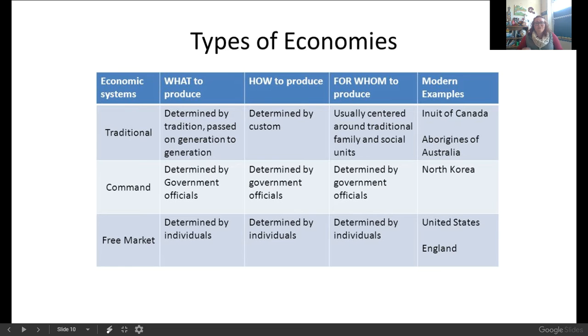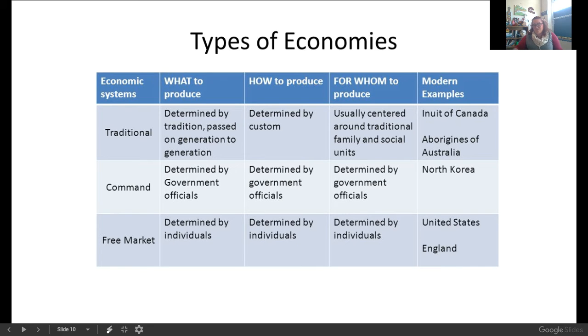Now, there are three different types of economic systems. You have traditional, command, and free market. So traditional is just determined by tradition. It's passed on from generation to generation. How to produce it is determined by what's customary. Who produces it?